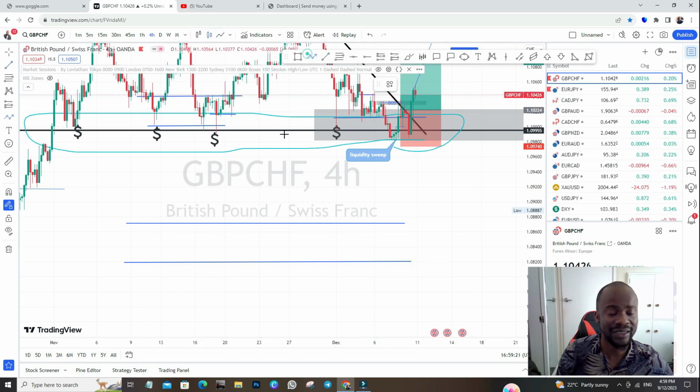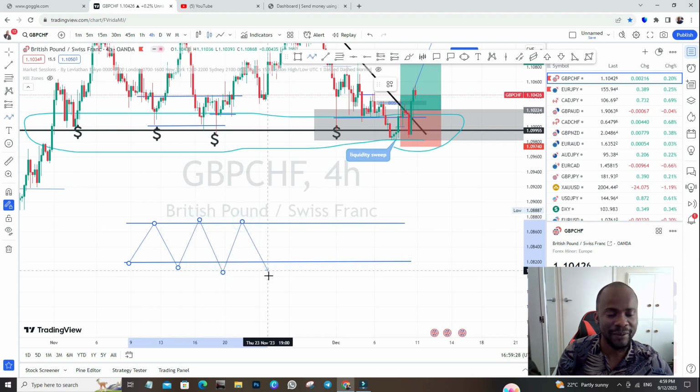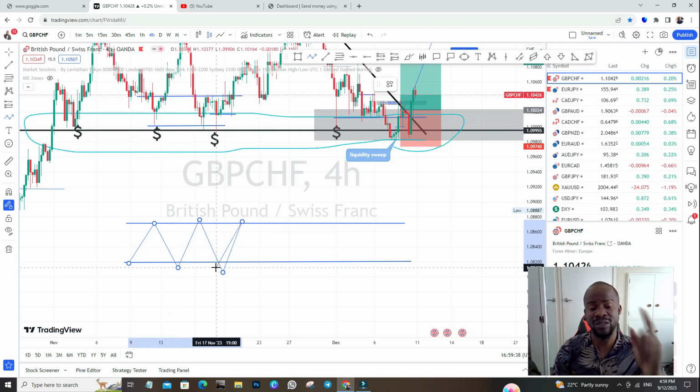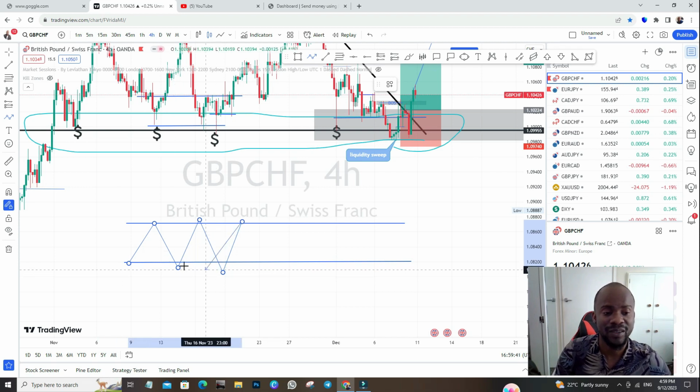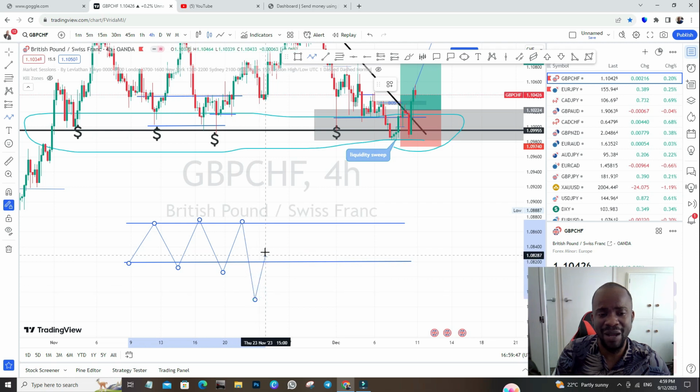For me to identify that it's a range, price must have been playing up and down, bouncing up and down. All of a sudden, there's a particular fake out that the price is going to do. The market makers take out the liquidities from here. By taking out liquidities I mean they stop out traders that are taking buys from here, and they push the price down and bring it back up.